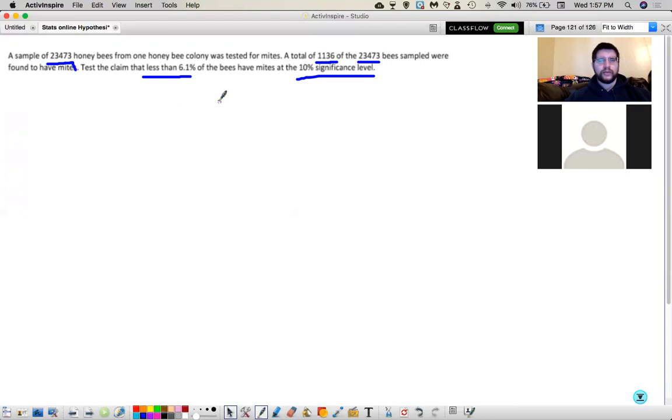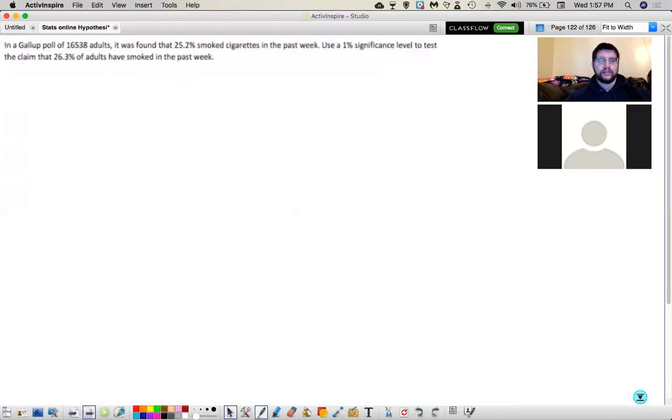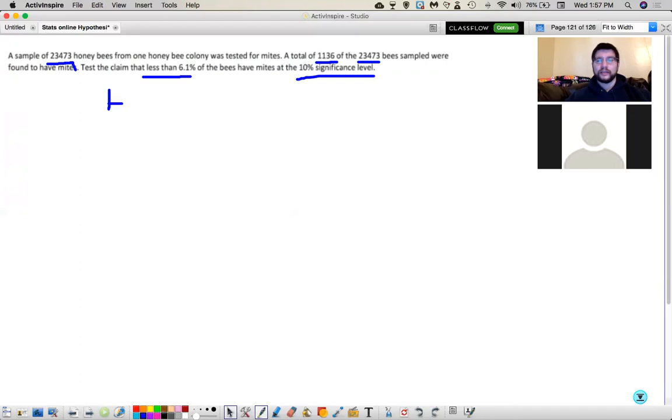So let's write down what we're hypothesizing here. Okay, next one's not a left tail. 5 out of 6 were left tails. So H1 is where our claim's at.